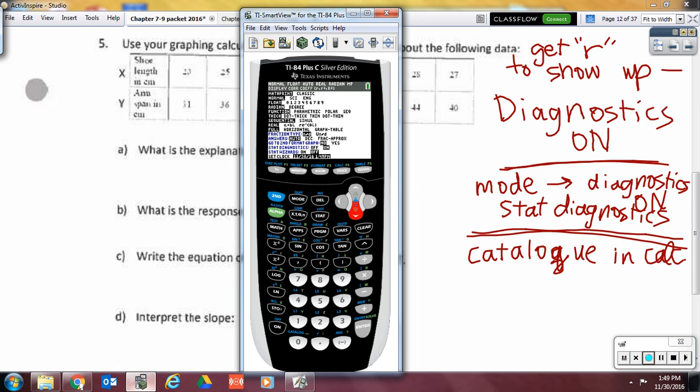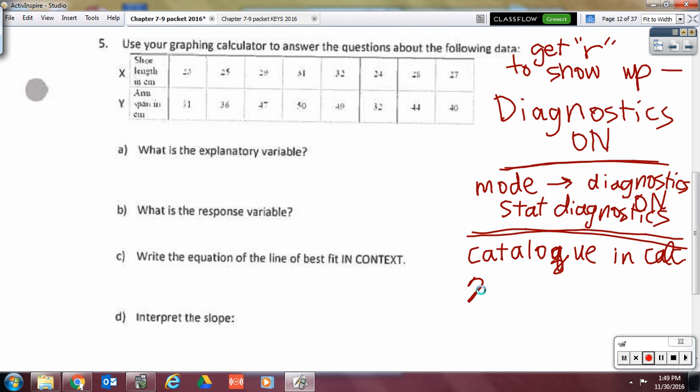So if you ever can't find something, go to the catalog. And you know where that's located? Above 0. Do you see the number 0? Do you see the little blue words above it? It's catalog. So how do you get blue words? Second, and then 0. So if I hit second and then 0, it gives me an alphabetical list of the entire catalog.